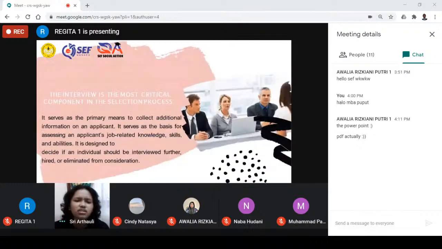Okay, so the interview is the most critical component in the selection process. It serves as the primary means to collect additional information on an applicant. It serves as the basis for assessing an applicant's job-related knowledge, skills, and abilities. This is designed to decide if an individual should be interviewed further, hired, or eliminated from consideration.